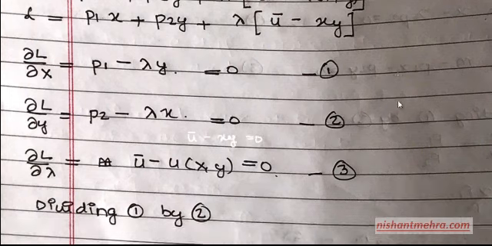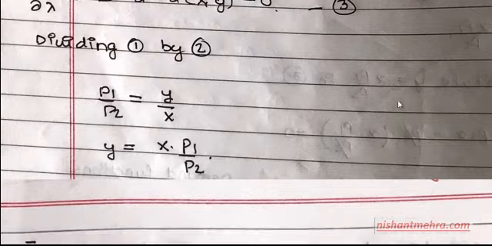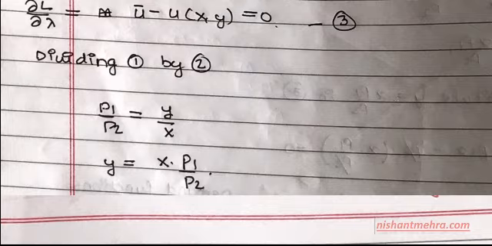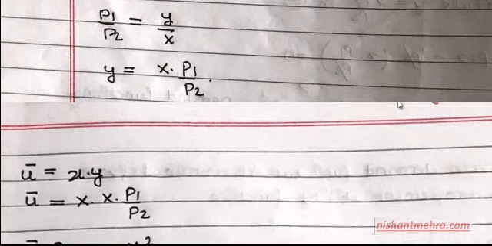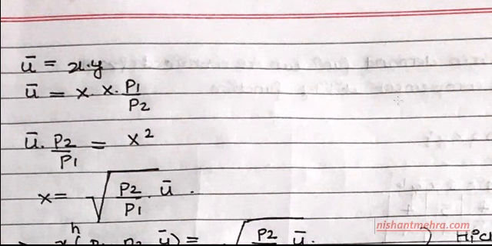That's the same thing. So again, you divide the first by the second, and what you get is p1 by p2 equals y by x. So y equals x p1 by p2. Clear? Now I'll substitute it back. I already have y equals x p1 by p2.